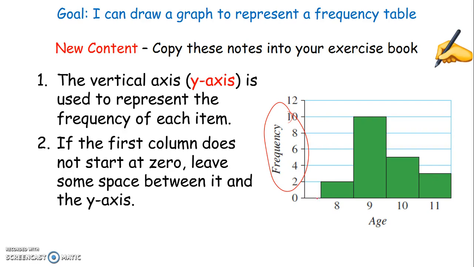Also, we can see that there is a gap here, and this gap is because we are starting at the age of 8 and not 0.